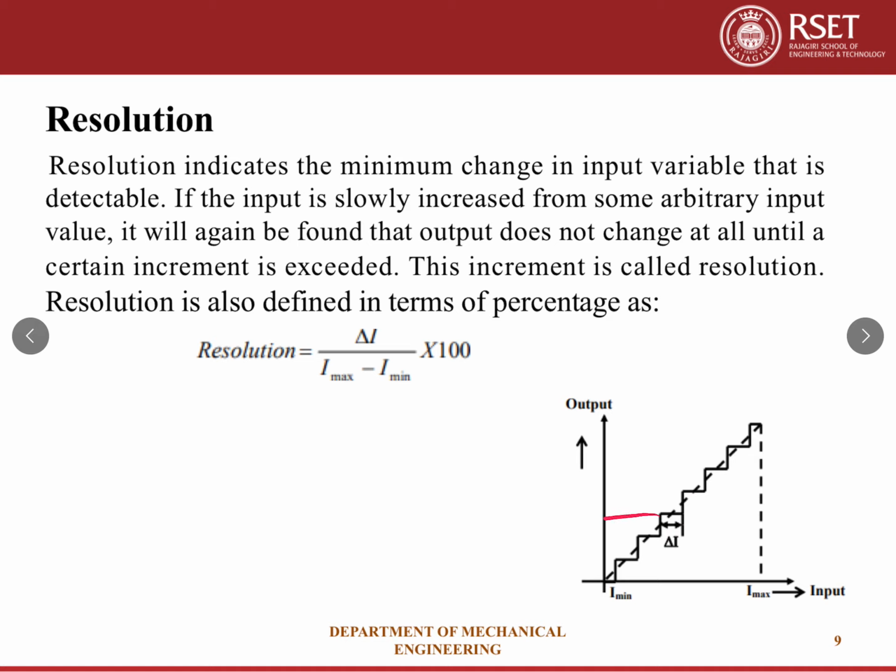Say the output is 5 volt, 5 volt: if we indicate the voltage change, it does not show any indication in the instrument. So it is always expressed as a percentage. Resolution is equal to delta I by (I max minus I minimum) into 100. That is resolution.